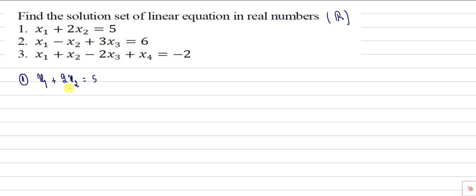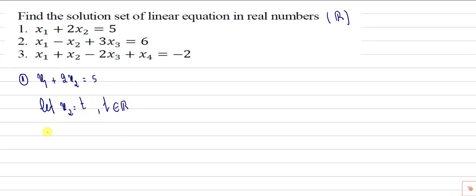This exercise has one equation and two unknown variables. So if we want to find the solution of this equation, we should know one of the unknown variables. But now we don't know x1 and x2. If we want to find the solution, first we let x2 equal to t, and t belongs to the real numbers.